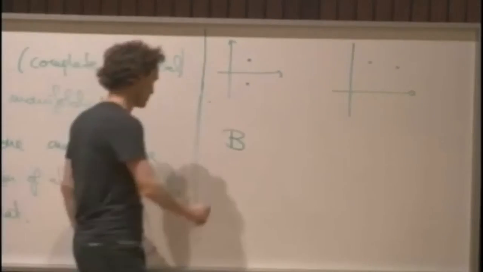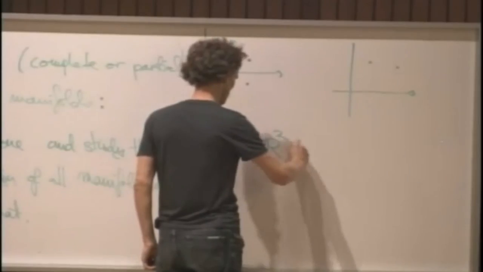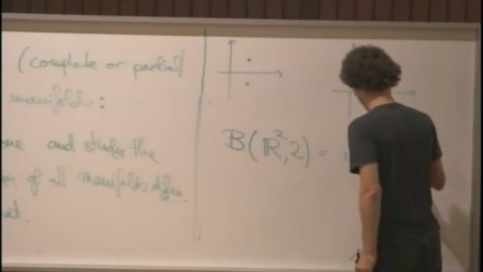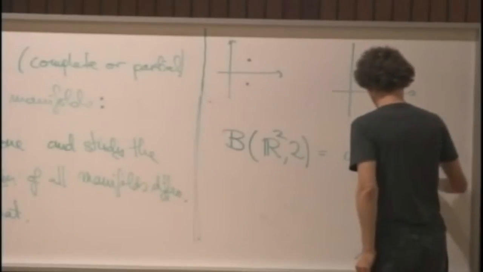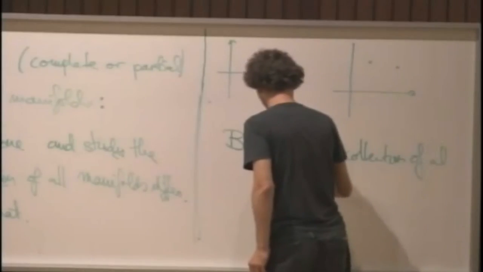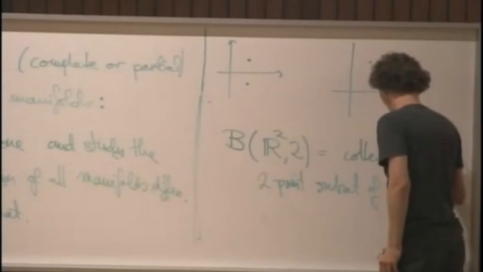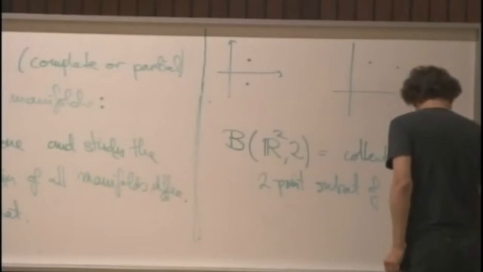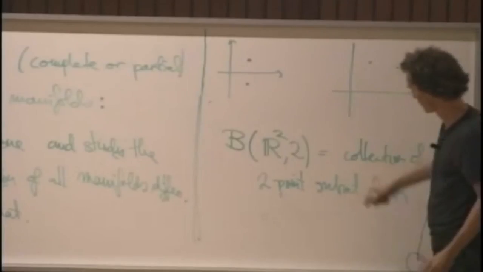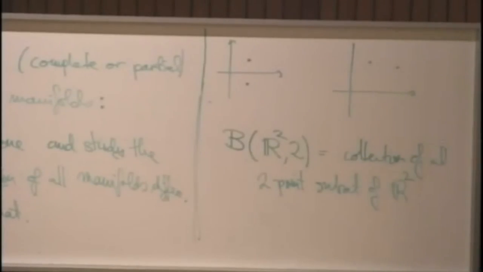They're often called B, in this case B(R2, 2). This is the collection of all 2-point subsets of R2. You can imagine how the notation works. You can put an n there and a k there, and it's k-point subsets of Rn.